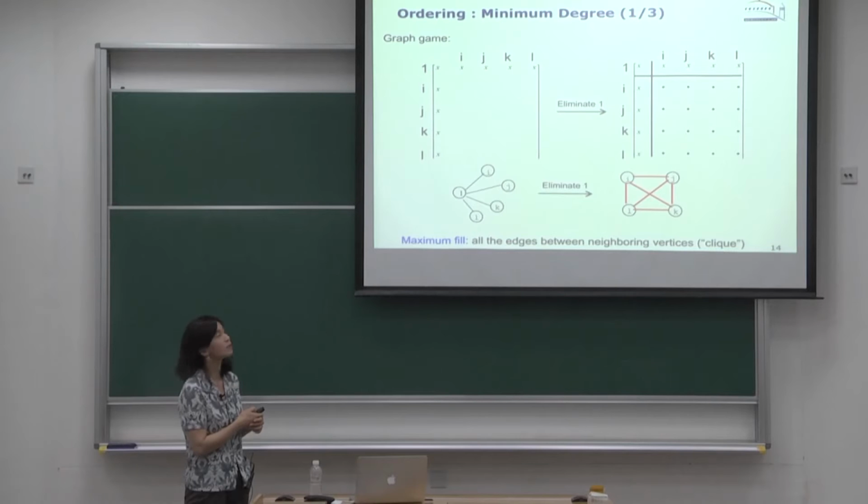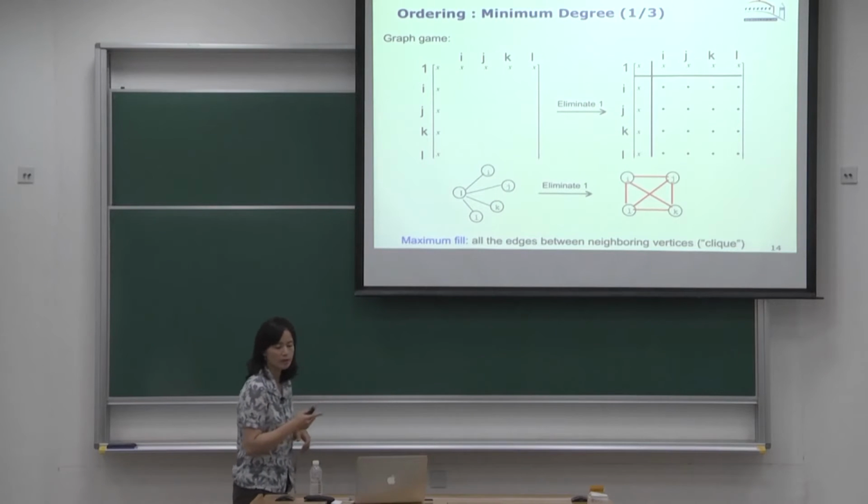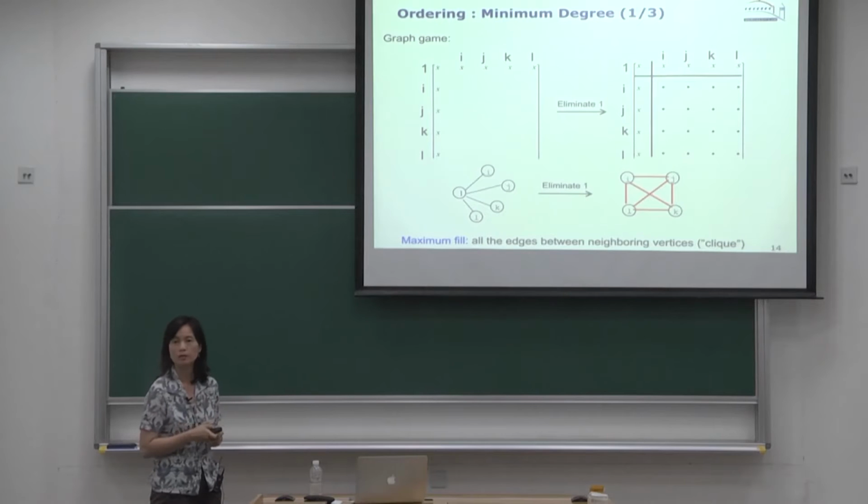So the count of these 16 elements is the upper bound. It's not the exact number you have generated. To compute the exact is more expensive. So for the minimum degree algorithm, people don't do the exact. They just look at this clique, look at the upper bound, and try to minimize the upper bound.